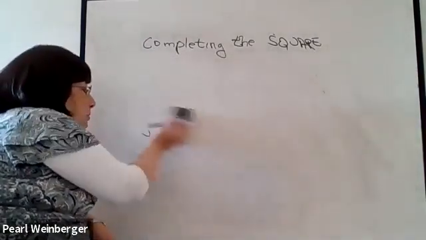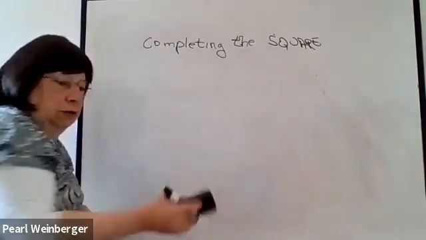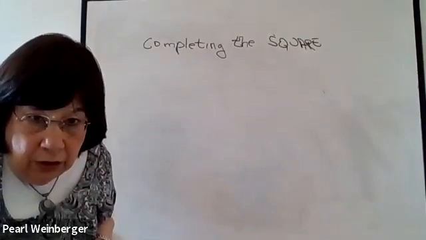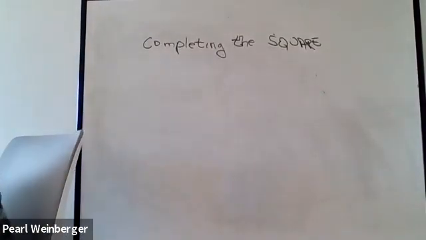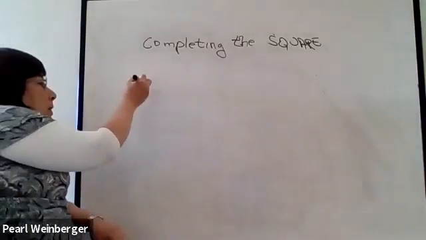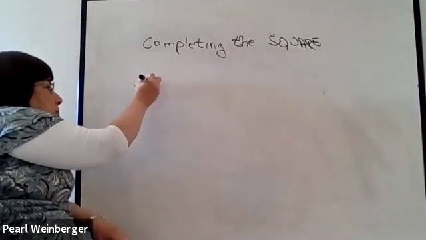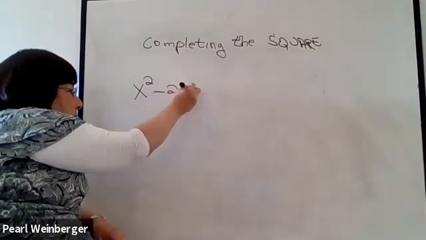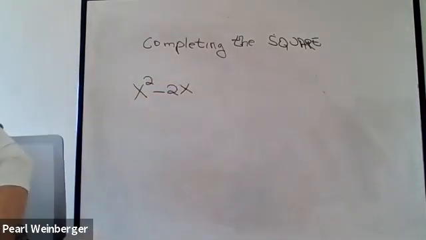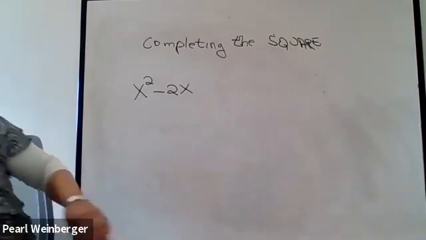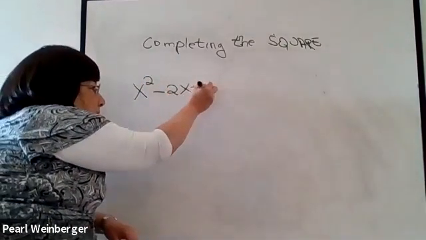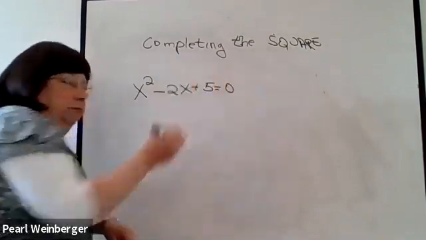How do we use it to solve a quadratic equation? Suppose I had this equation, x squared minus 2x plus 5 equals 0.